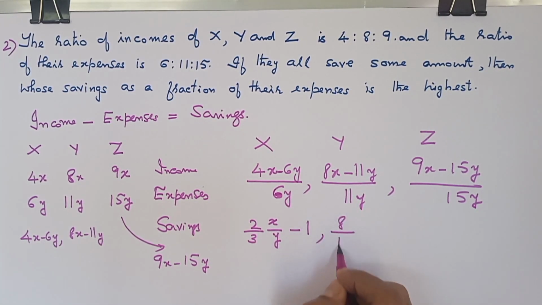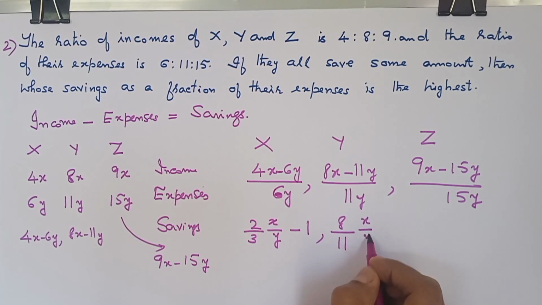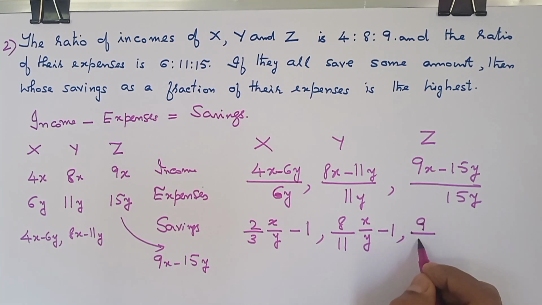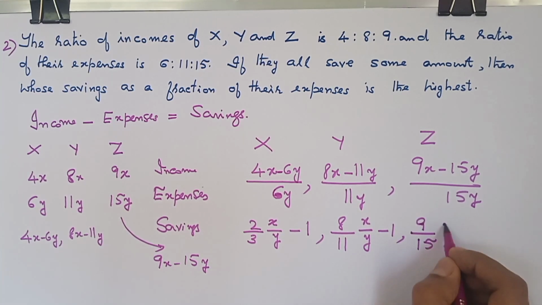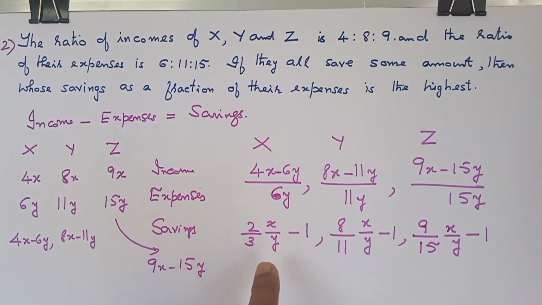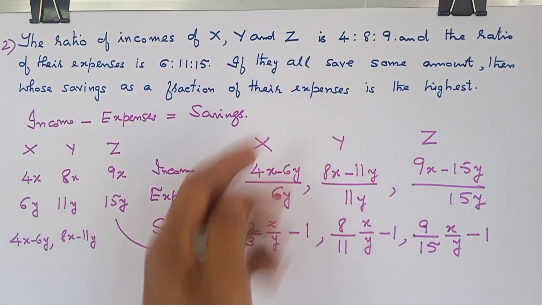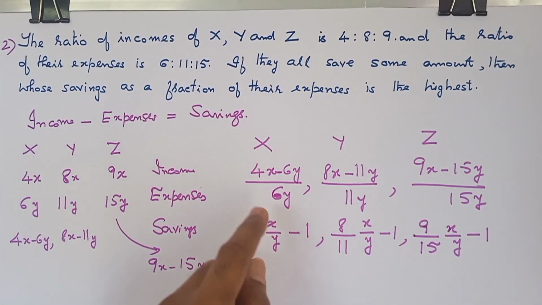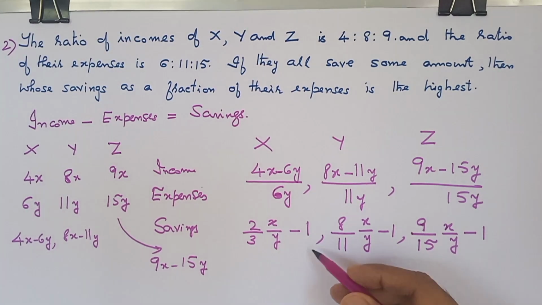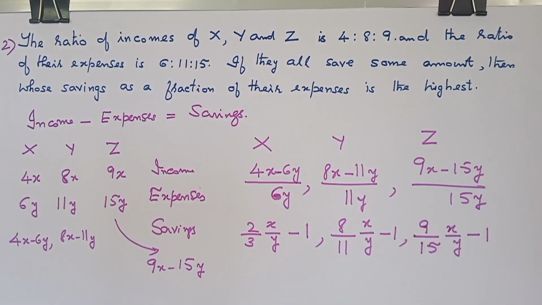Similarly, so these are the three given quantities in the question: savings as a fraction of the expenses. Now, you're asked to find out what? The highest among these three.